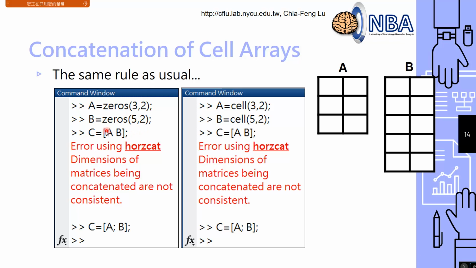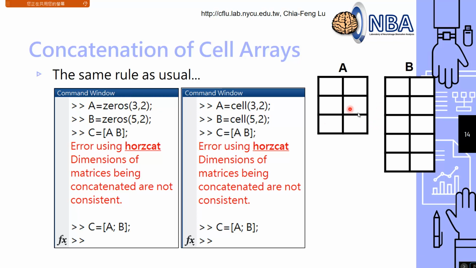For this kind of situation, think about this. If I try to use the square brackets, you can see this is only a space right here. So it's more like the horizontal concatenation, right? But in this case, you will see an error message, because you will find out these two different arrays have different row numbers right here.